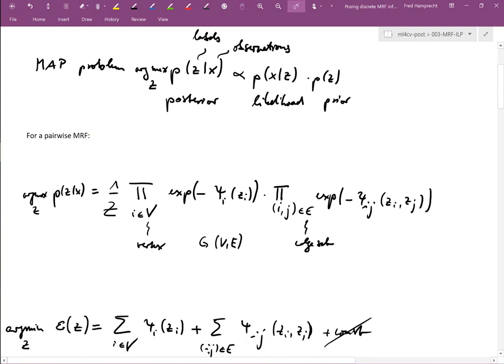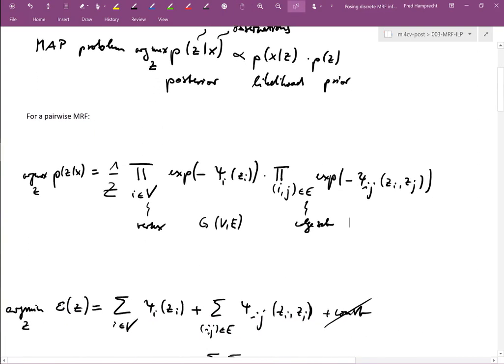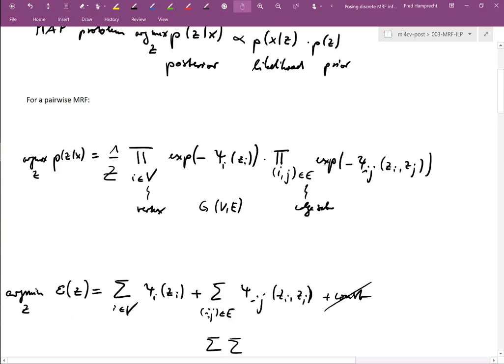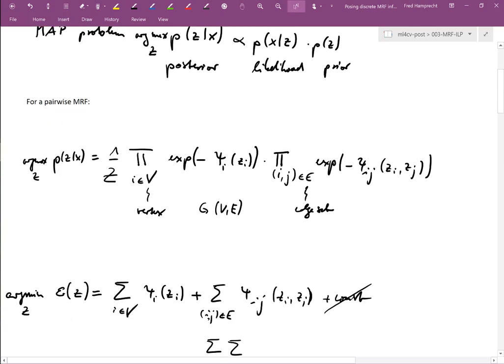Now I can either talk about probability or I can talk about energy. So I can look for the solution which has maximal posterior probability or which has minimal posterior energy. And so here I've taken the negative logarithm and ended up with these terms.